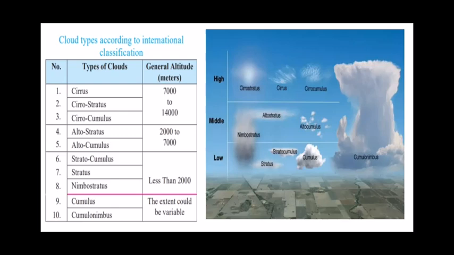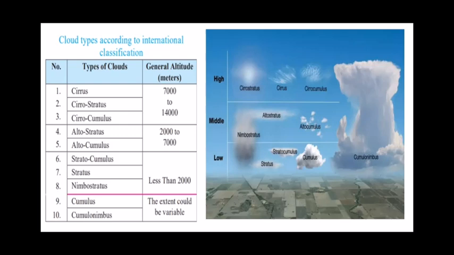If they are at an altitude of around 2000 to 7000 meter, then they are considered to be medium clouds. And if they are at an altitude of less than 2000 meter, then they are low clouds.